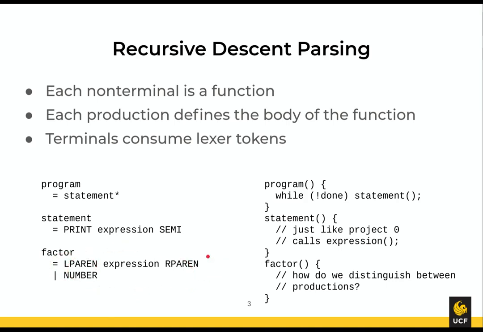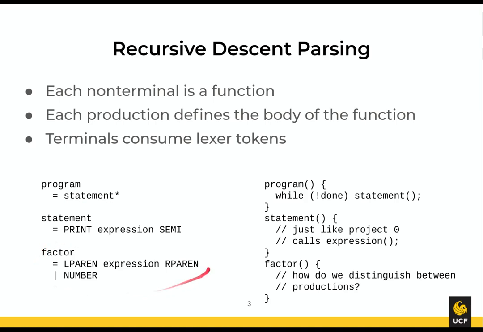So why can you do that? Why can you predict exactly which production to use? Yeah, they're completely different tokens. So L paren and number are tokens, so you know that they're going to be part of the input string, as opposed to program, which has a non-terminal as its first symbol. If program had multiple productions and all those productions just had non-terminals, you'd have to do something a little more clever.